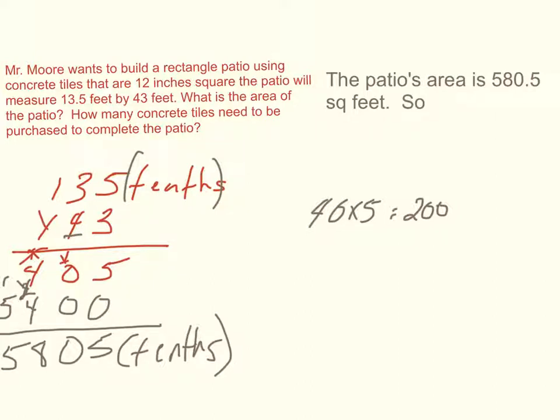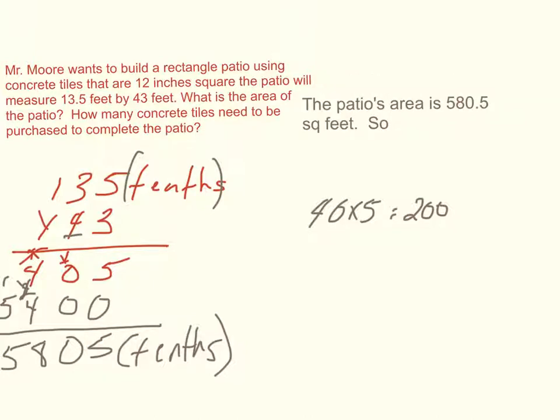So, how am I going to figure out how many blocks are going to be in there? If each tile is 1 foot square, how many tiles are we going to need? We're going to need 581 tiles.